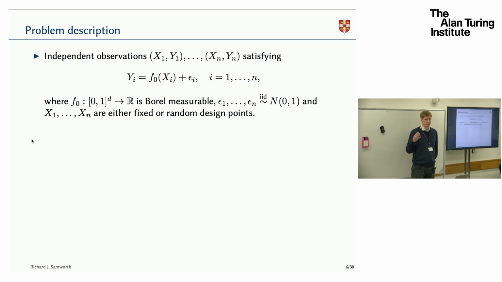Then we would predetermine the concentrations of the catalyst at which we were going to measure the rate of reaction, and so it would be natural to think of those as fixed in advance. On the other hand, if you were a doctor measuring, say, the heights and weights of patients who came into your surgery, then it would be more natural to think of the covariate as being random. So both fixed and random design regression problems crop up in applications, and we're going to study both here.